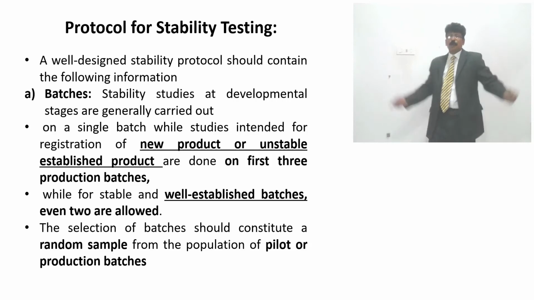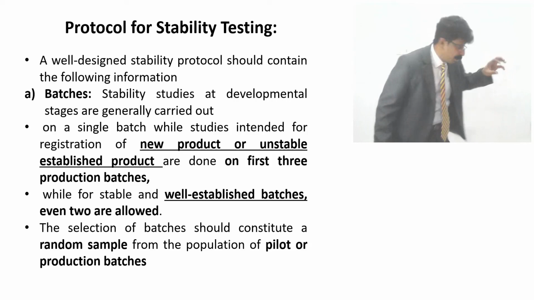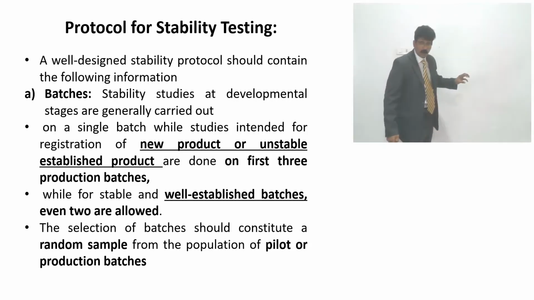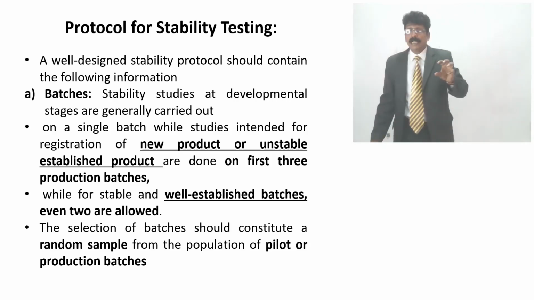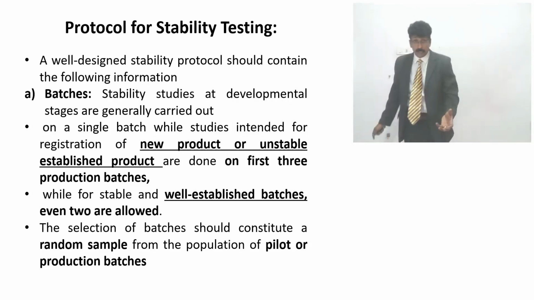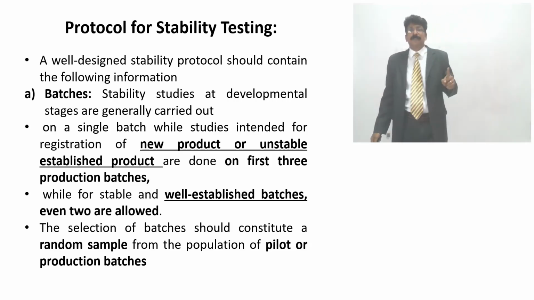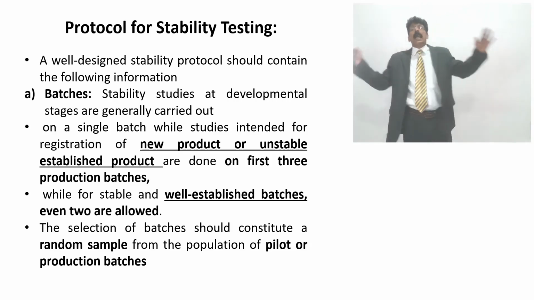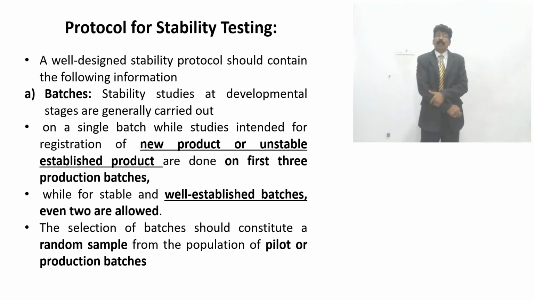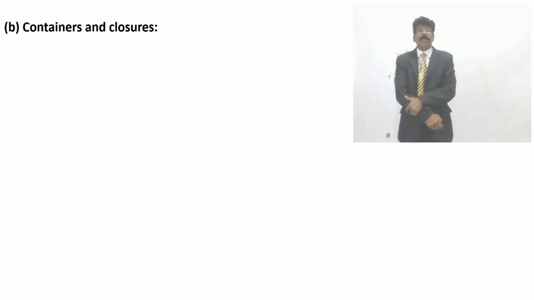So you have to take random samples, not from one particular batch, one particular time of production, one particular sack, or only from the top or bottom of the pack. No, that is not at all allowed. You have to take a random sampling, then only can you have an average for the stability study. Number 2, containers and closures.